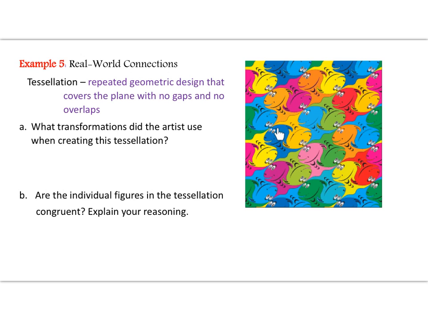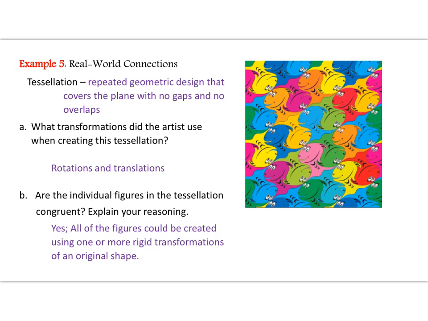Well, we can see there were definitely potentially some translations and then some rotations. Question B, are the individual figures in the tessellation congruent? Explain your reasoning. Yes, all the figures could be created using one or more rigid transformations of an original shape.